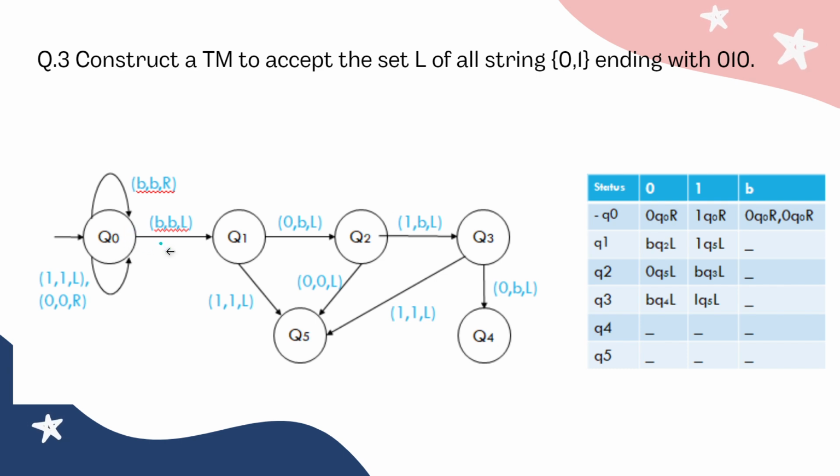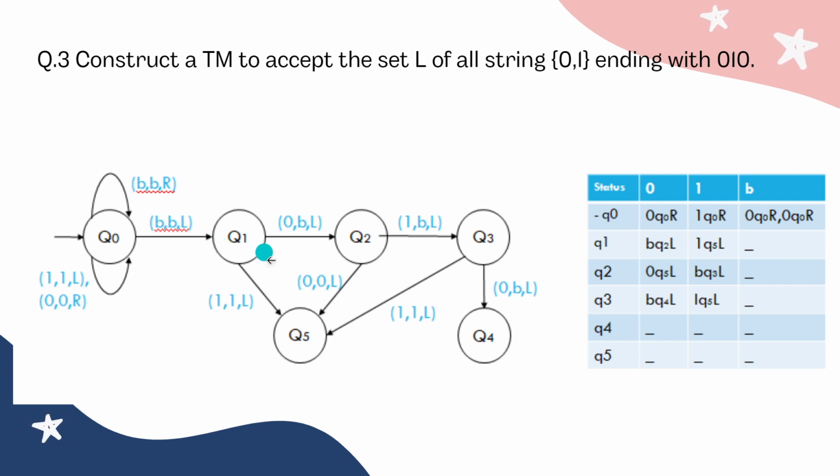Then if we have an input of b, it gives (b, q0, R).